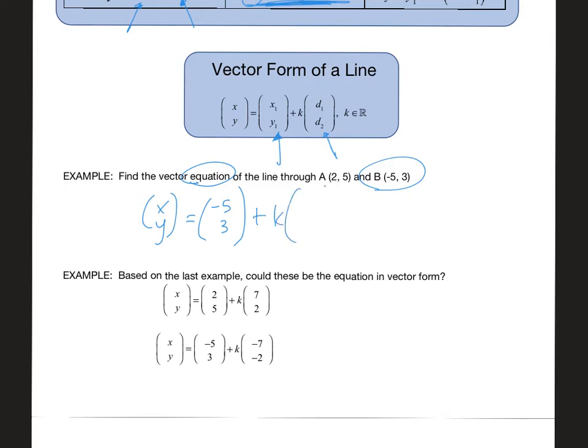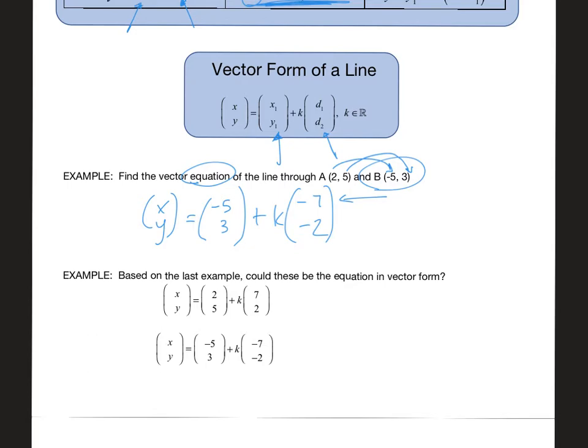Plus k times a direction vector. If I have a vector drawn from A to B, I can come up with a direction vector. The change in x is negative 7, and the change in y, from 5 to 3, is negative 2.